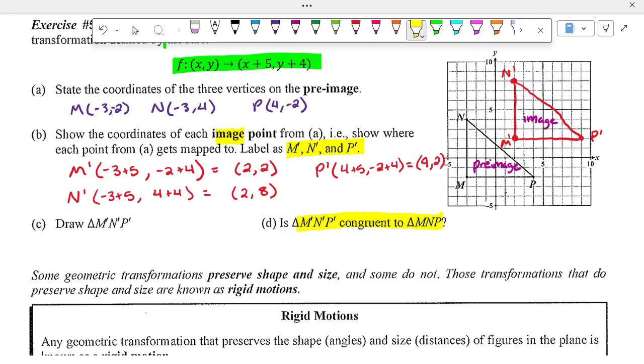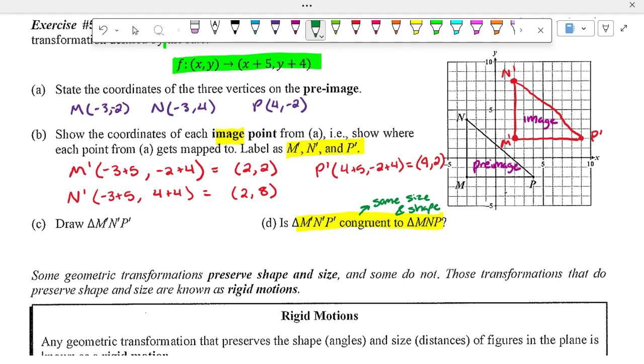They're the same. All right. So congruency means that they are the same size, same shape. The orientation may be different, but they're always the same size and shape. That's what congruent means. So here's my question. Do both of these triangles look like they're the same size and the same shape?